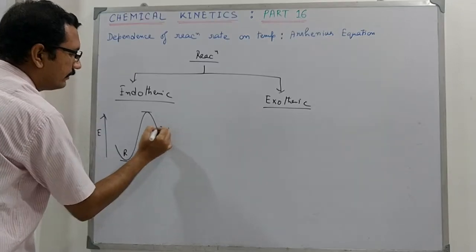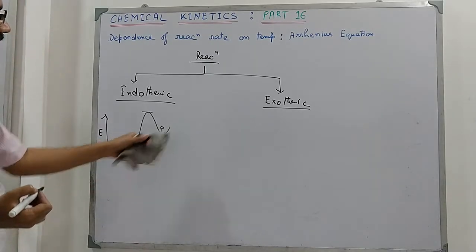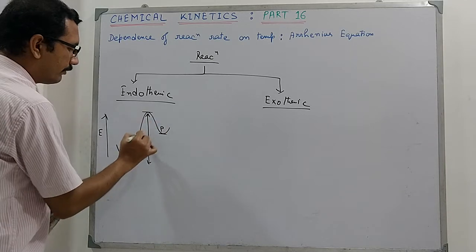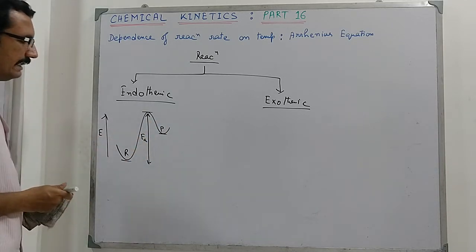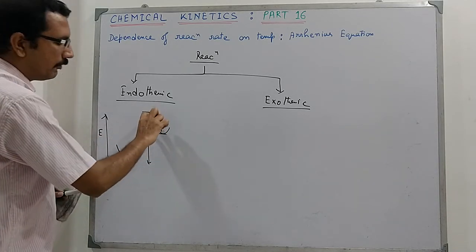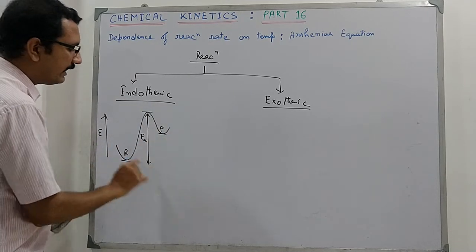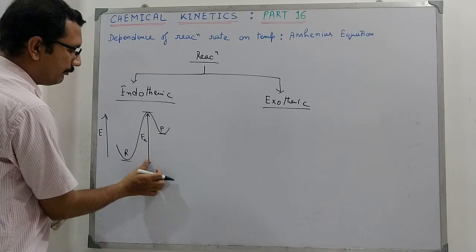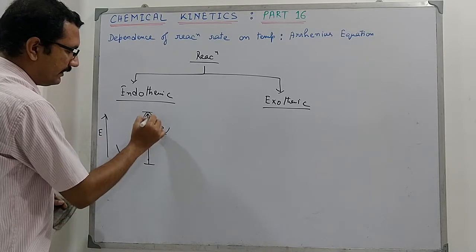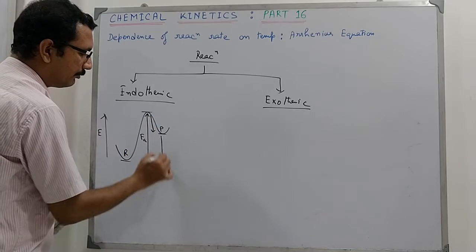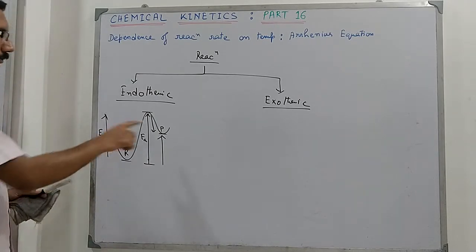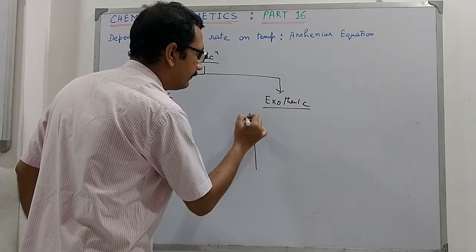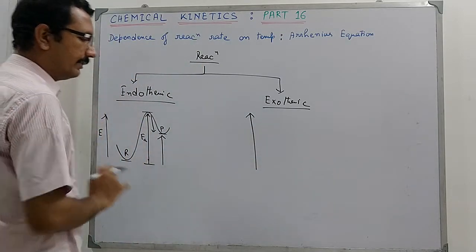The reactant will have lesser energy than the product. So you have to cross the barrier EA and then you get a small amount of energy. So overall there is absorption of energy by this amount. This amount you have to provide, this amount you get, so overall you have to provide this amount of energy. So this reaction is endothermic.